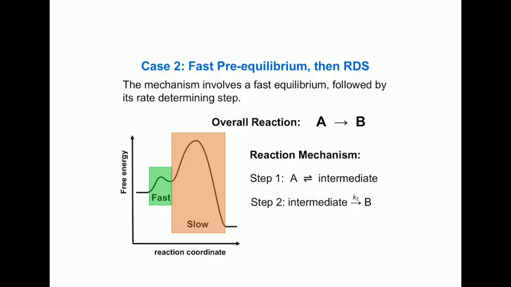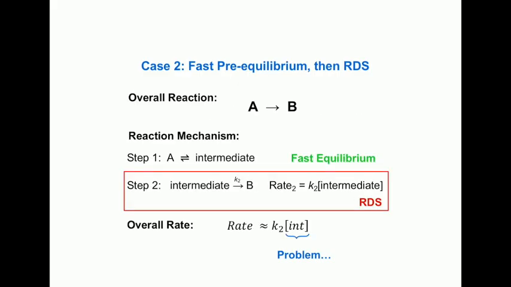In this case, we have that same sequence. We can say the first step is a fast equilibrium, and the second one is the rate determining step. So the overall rate, by inspection, is just k2 times the intermediate, in the same way that if the first step were slow, the overall rate would be k1 times A. The problem is that most of the time we can't analytically measure that intermediate concentration, so it's kind of useless to say it's just the intermediate concentration times k2.